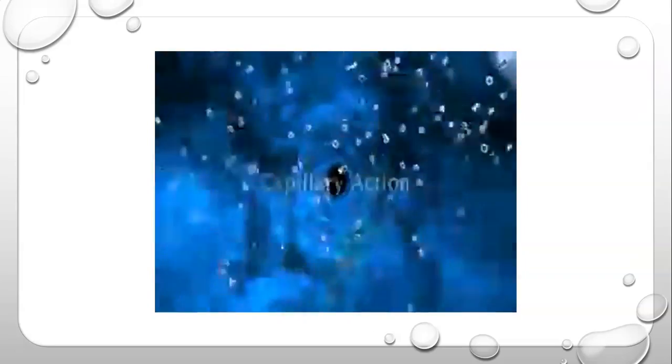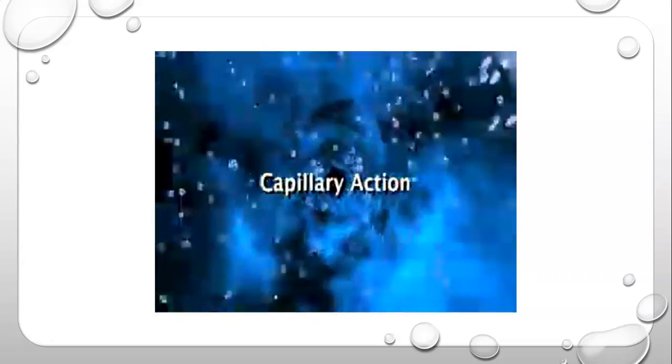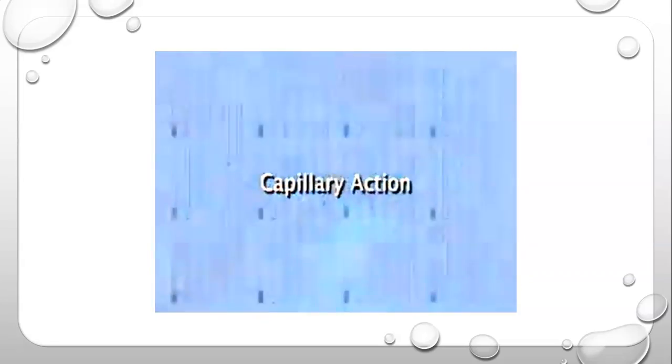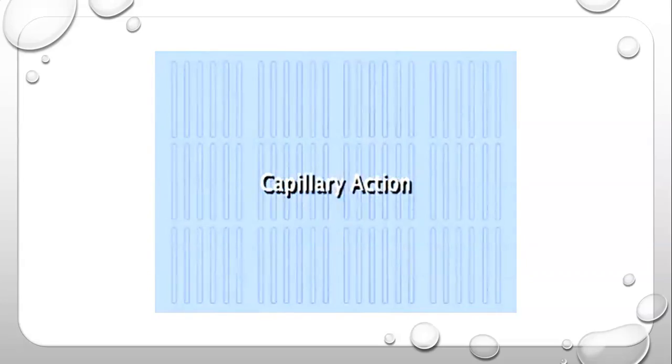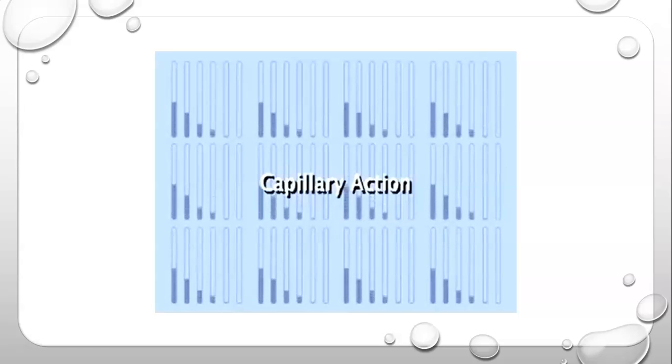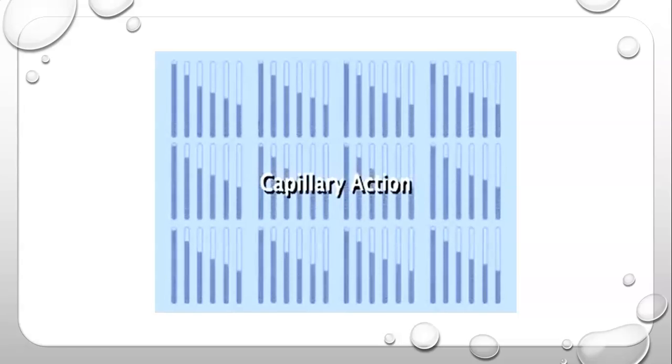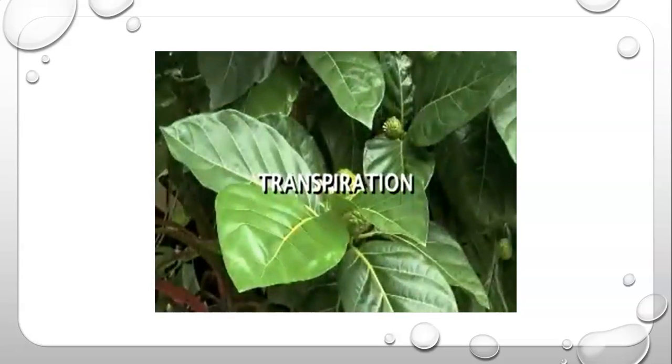Working together, the forces of cohesion and adhesion produce an effect known as capillary action that causes liquids in narrow spaces to flow upward. However, none of these activities are as important to upward water movement as a process called transpiration that takes place inside the leaves.